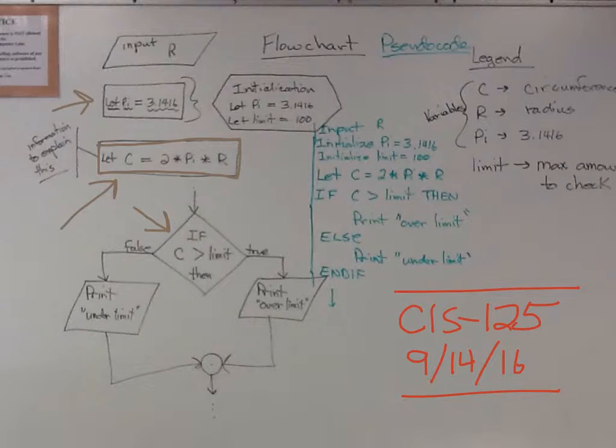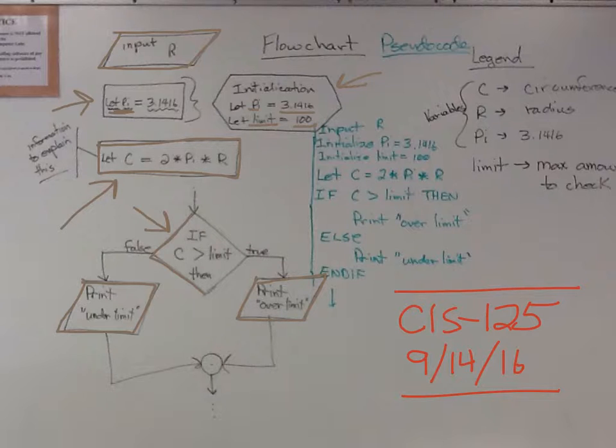Here's another process box, but since we were initializing a variable, we also now have added an initialization box, where we're taking a variable and assigning it a value. Limit equals 100. Initialization. We reviewed an input box, which can also serve as output boxes. Down here we have an example of the parallelogram being used as an output box.